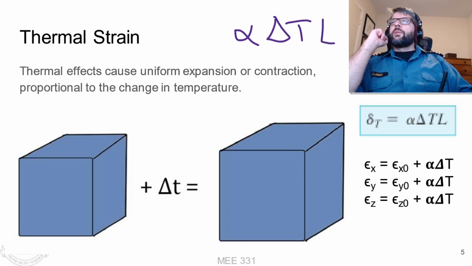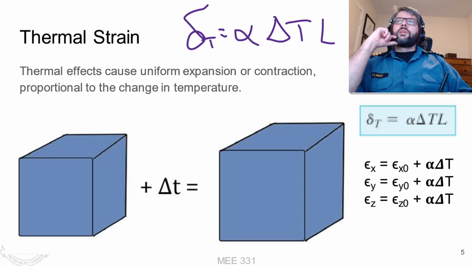So typically speaking, small delta L is equal to alpha times big delta T times L. That is how this is typically reported.